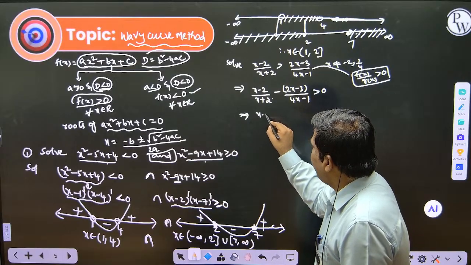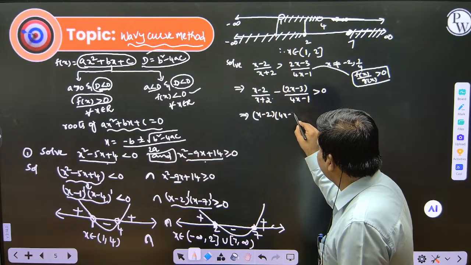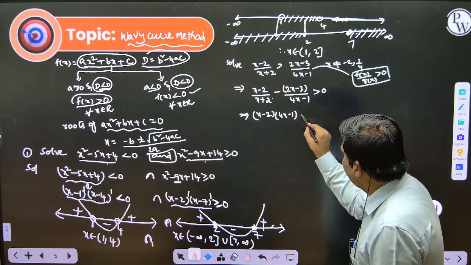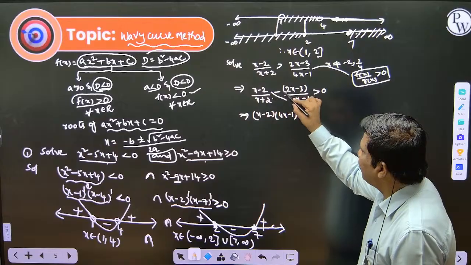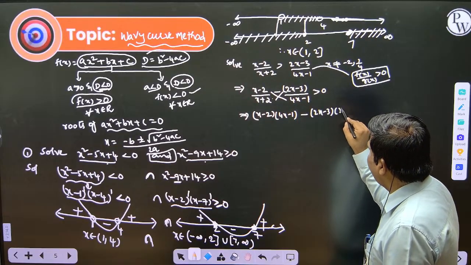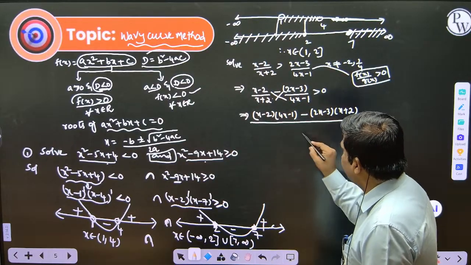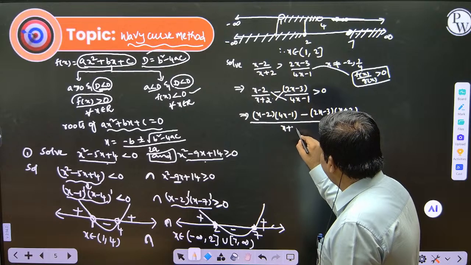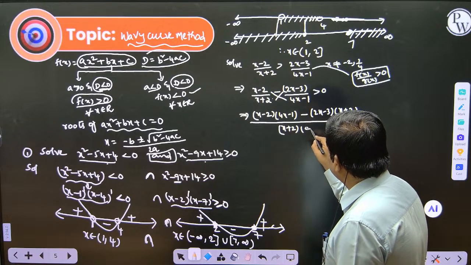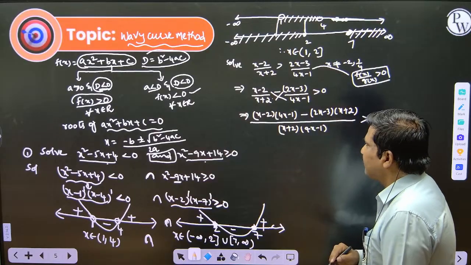How? (x minus 2) into (4x minus 1). Next, minus of cross multiply, (2x minus 3) into (x plus 2), divided by (x plus 2) into (4x minus 1) greater than 0.